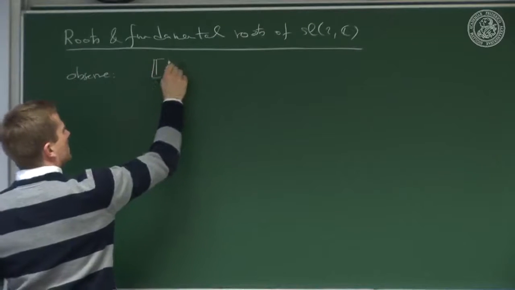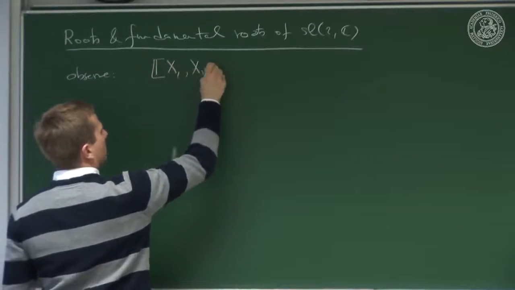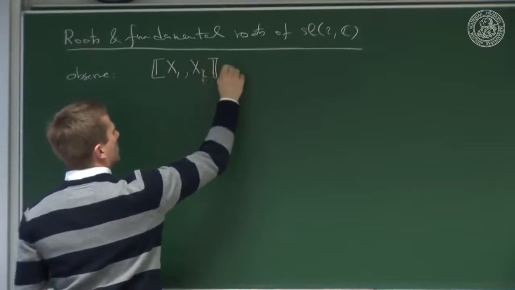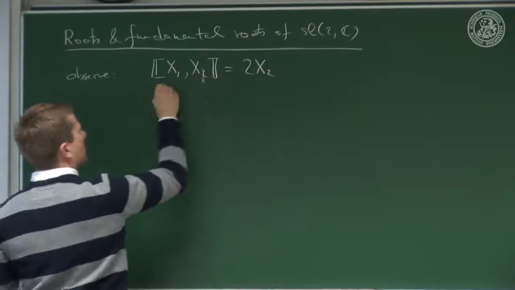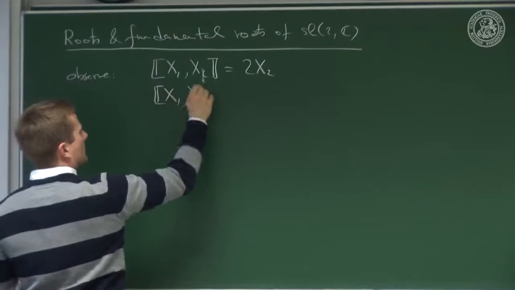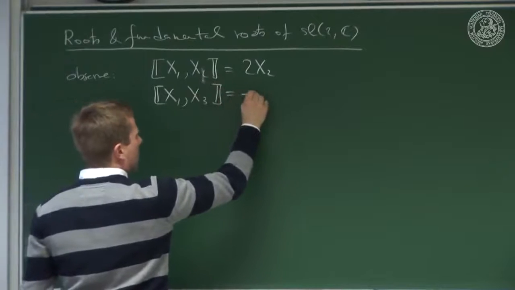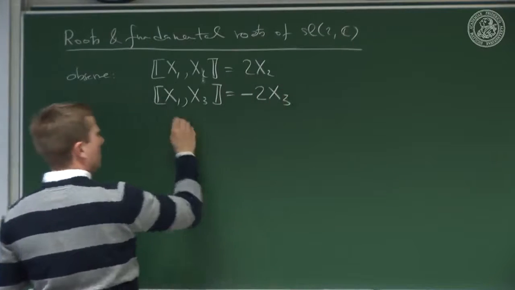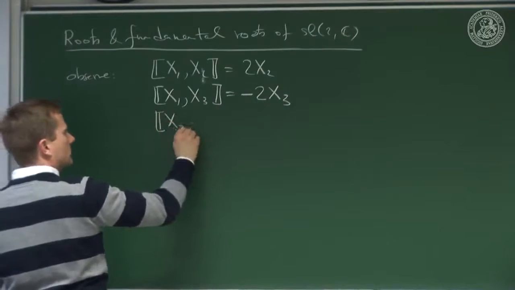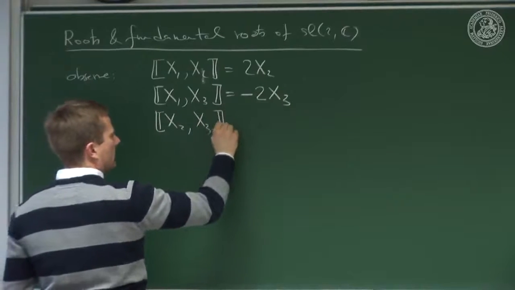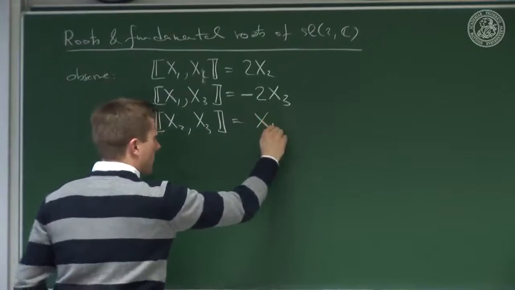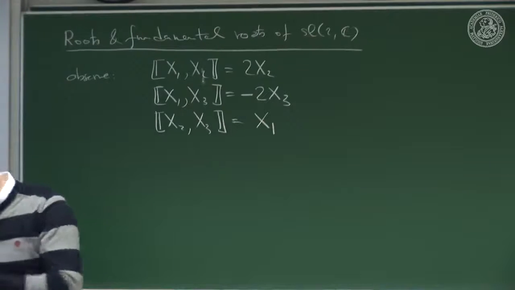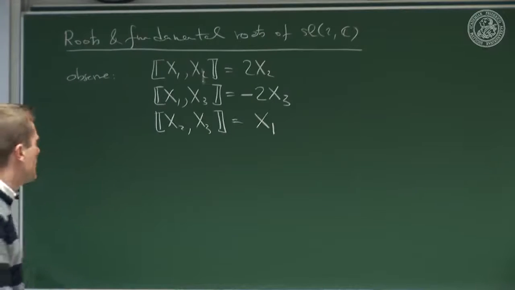From the commutation relations, let me write them down once more. x1, x2 equals 2x2. x1 with x3 is minus 2x3. And x2 with x3 is x1. So that's our Lie algebra in this example.